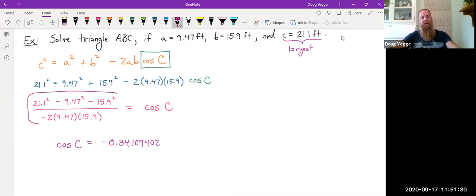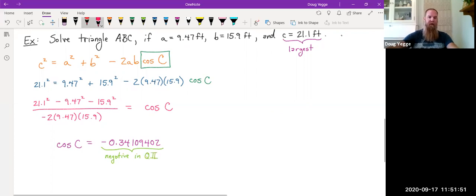And notice that not only is that between negative 1 and 1, which is great, but because this is negative, I see that cosine is negative in quadrant 2. So when I calculate cosine inverse of that quantity, my answer should become an obtuse angle.